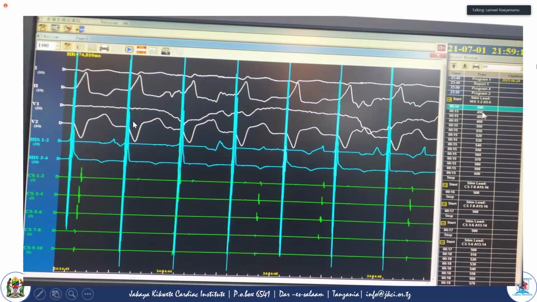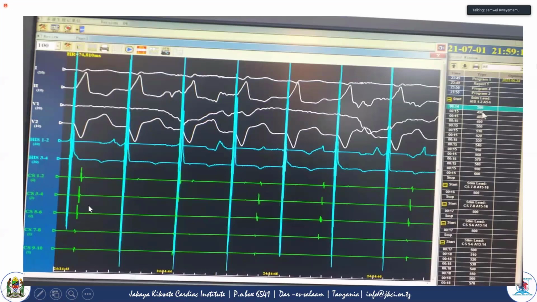Just to orient everyone, the white signals represent the surface ECGs, followed by the intracardiac signals from his catheter, and down there you find a green color intracardiac signals. These are coming from the coronary sinus, pole number 1 up to 9 and 10.